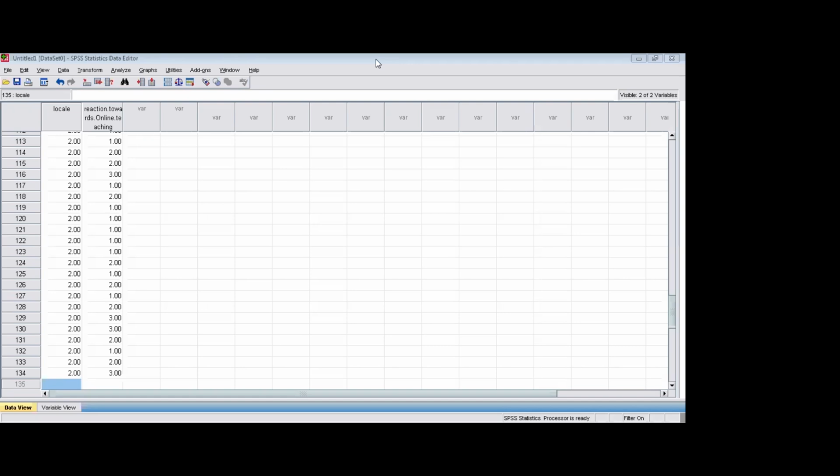Sharma Sir, the correction is inbuilt in SPSS. I told you that if you want to do it by hand, then from the observed frequency you have to subtract 0.5.